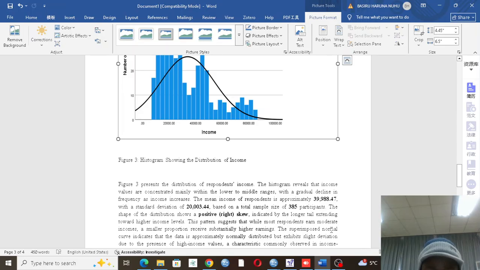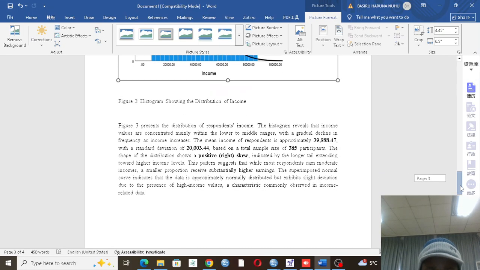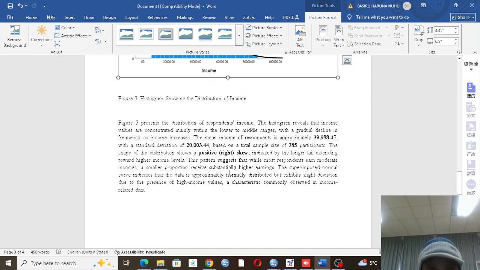The superimposed normal curve indicates that the data is appropriately normally distributed but exhibits slight deviation due to the presence of high income values, a characteristic commonly observed in income-related data.